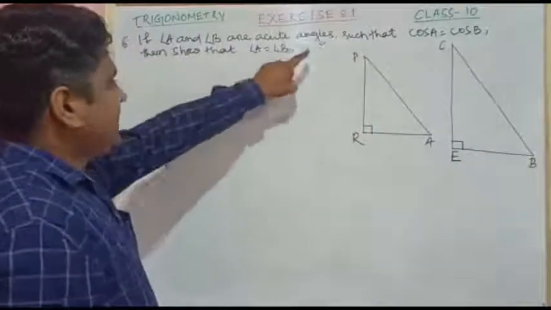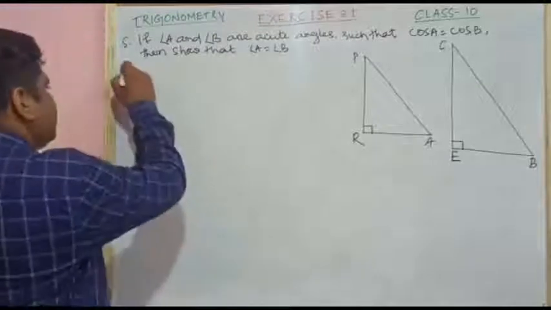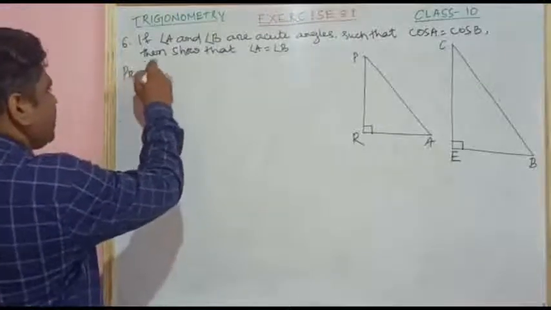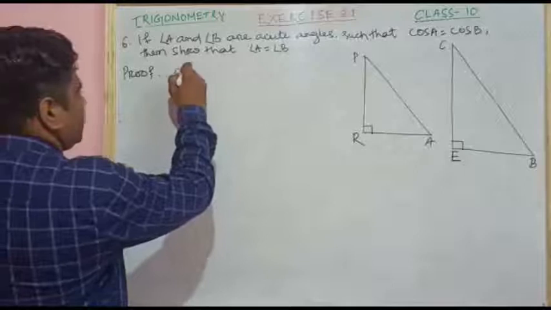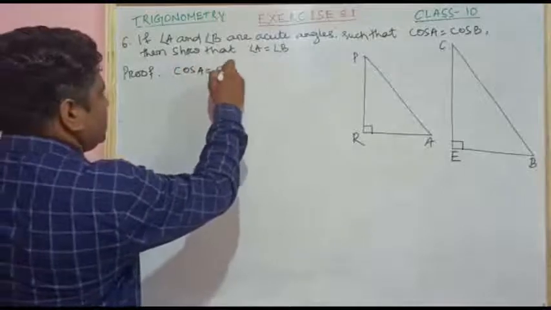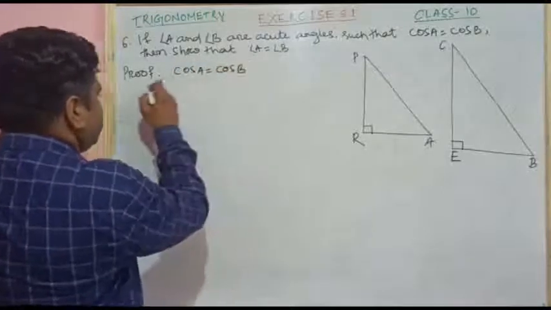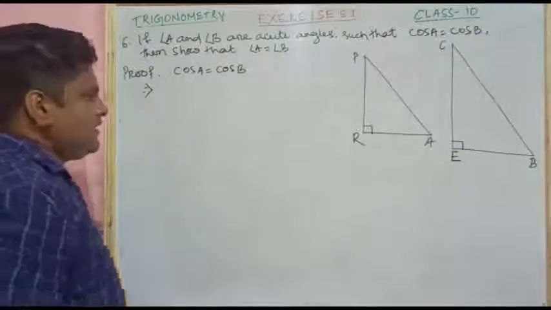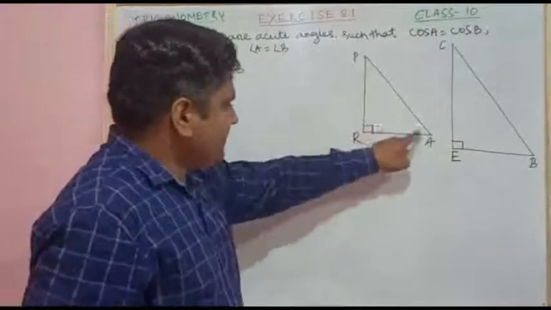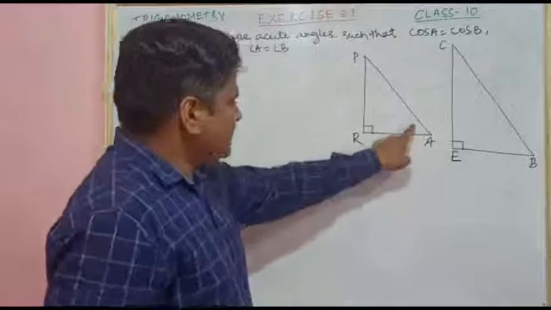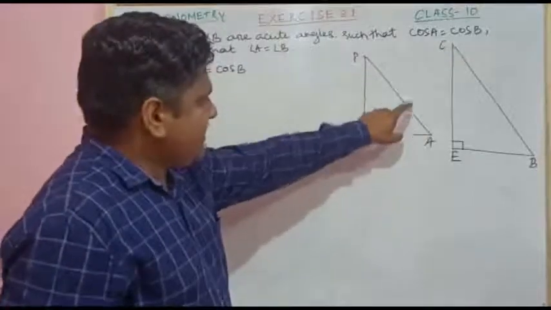So it is given that cos A equals cos B. This implies that in triangle PRA, this is the angle, so cos A means base by hypotenuse.